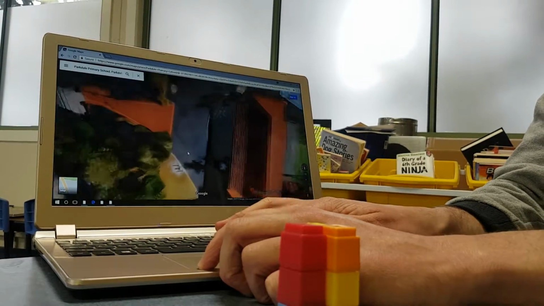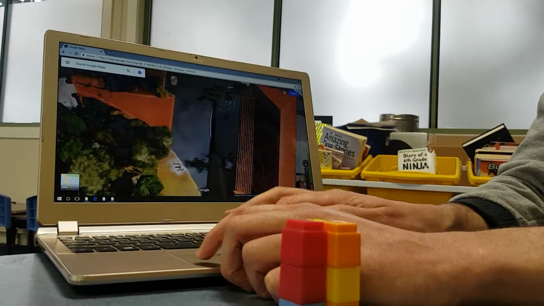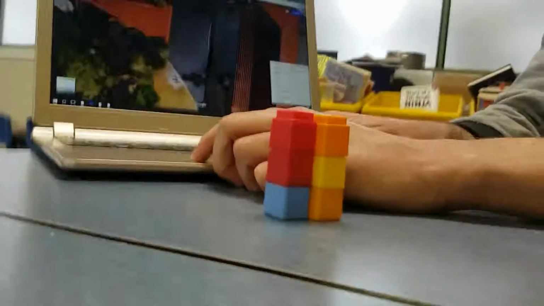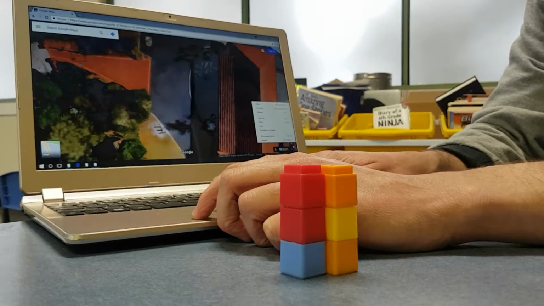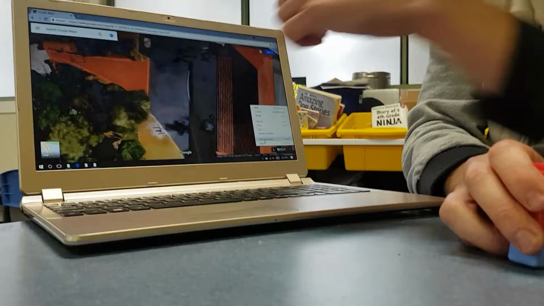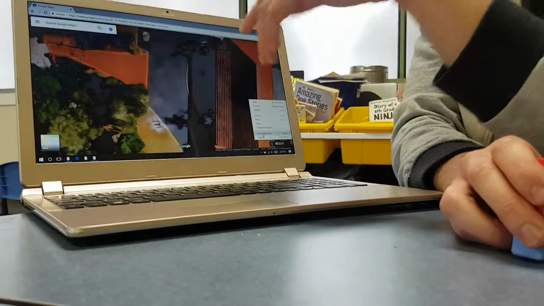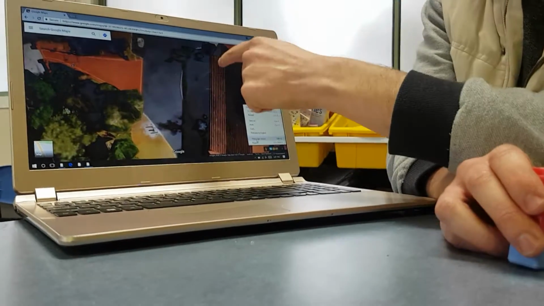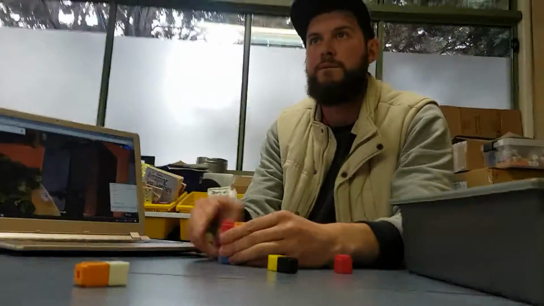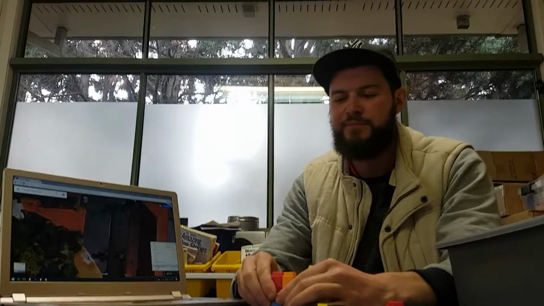I'm trying to get around to the front here, but technology is... Okay. So if we're looking from the street level, what would that be? Side view. Or the top view. From this view, the front view. Yeah. Exactly right.